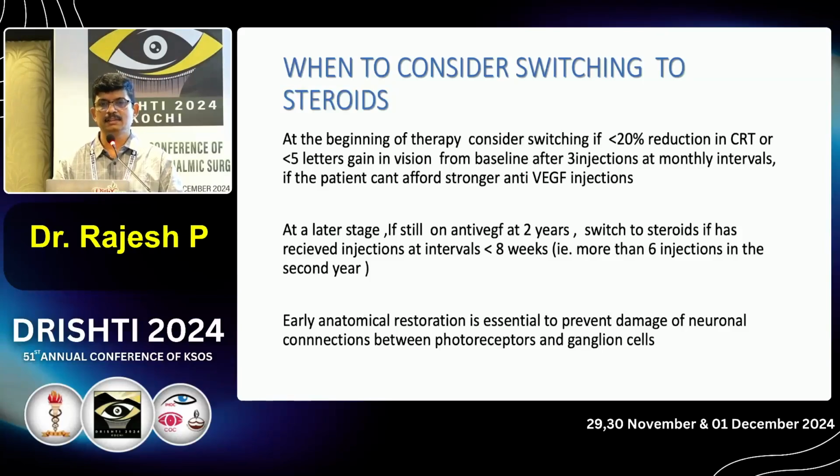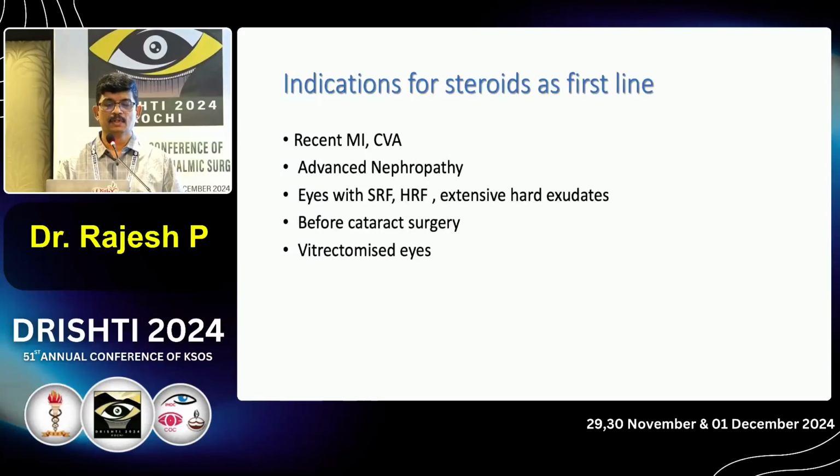And at a later stage, if during the second year of the treatment the patient is still on anti-VEGF injection and has received more than 6 anti-VEGF injections, that means again the patient requires treatment with steroids. And there are certain situations where we use steroids as the first line, especially a recent MI, CVA, advanced nephropathy, and before cataract surgery, as well as in vitrectomized eyes.